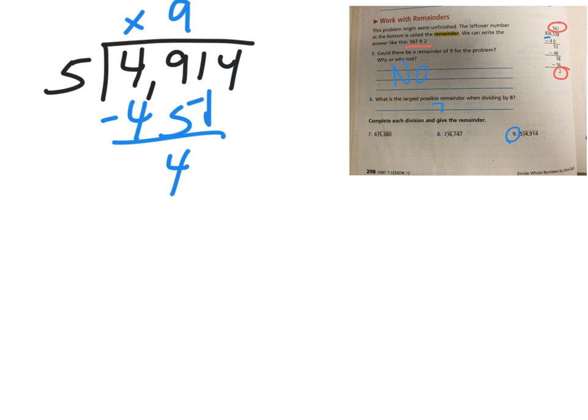Subtract, I get 4. Bring down the 1. 5 fits into 41 8 times. 8 times 5 is 40. Subtract, get 1. 1 is less than 5, so I can bring down again.